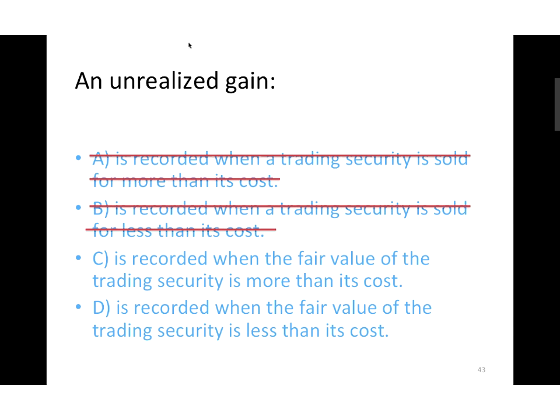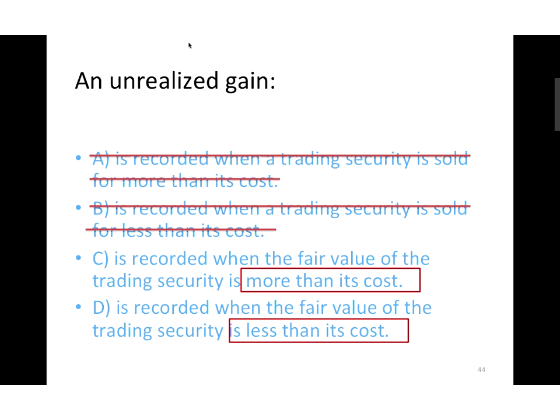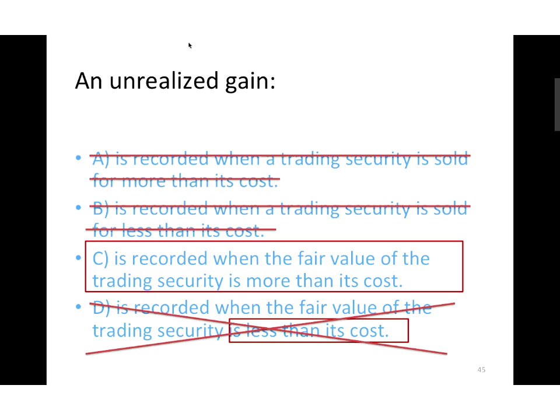So what we get on this question then, first of all, we can eliminate the A and B because it tells us trading security is sold. Sold does not mean unrealized, or unrealized does not mean sold. So we can eliminate those. So then the only difference between C and D is one's more than its cost and one's less than its cost, and we're talking about a gain. So a gain is when the fair value is more than its cost.